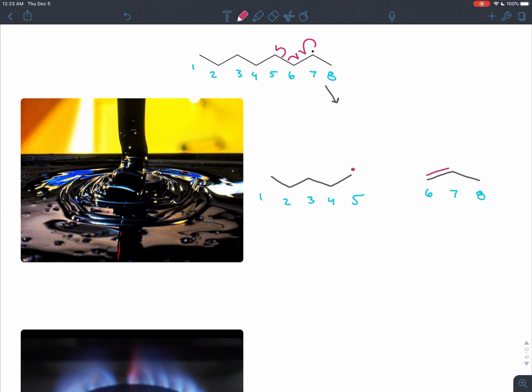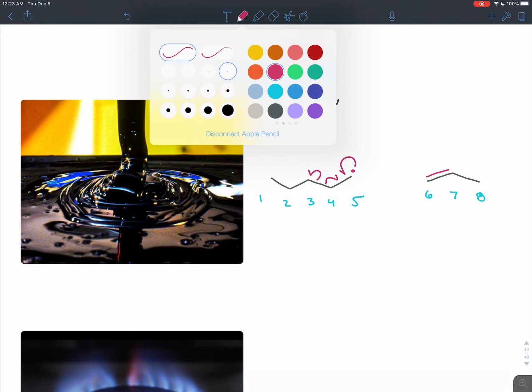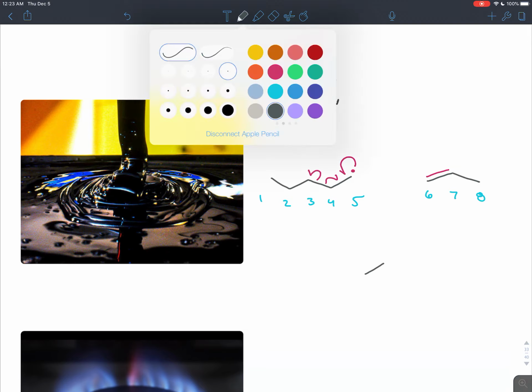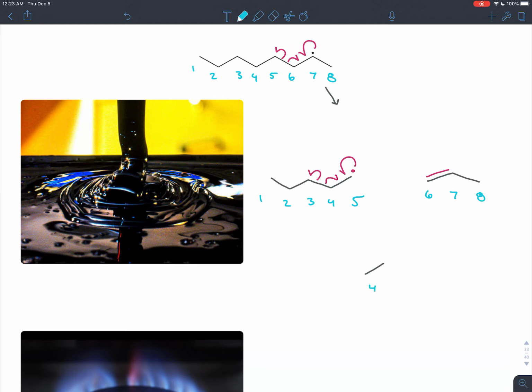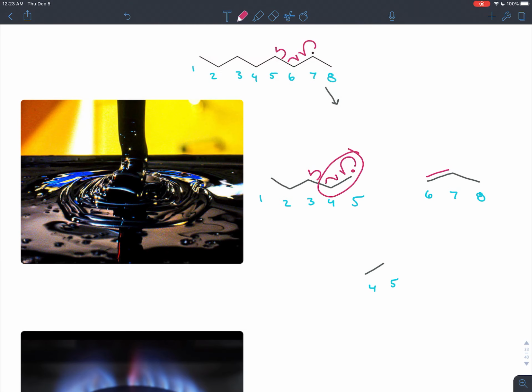Through the same idea, this radical contributes one electron. One electron comes from the sigma bond next door. The other electron in the sigma bond goes on to carbon, in this case, carbon number 3. So now we would have these two carbons, carbons 4 and 5, and we formed a pi bond between them.